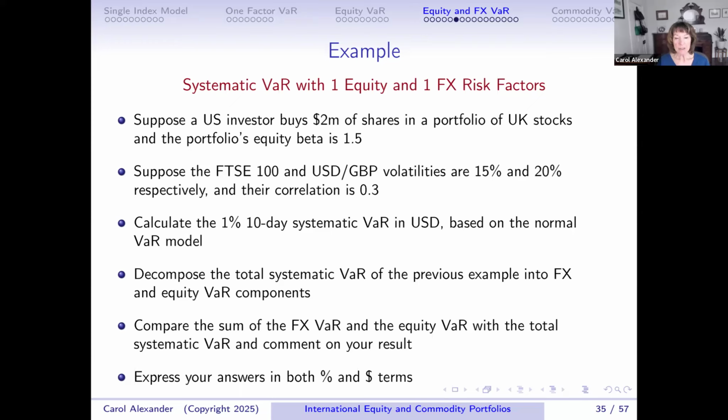And then we want to decompose this into FX and equity components and compare the sum of the FX VaR and the equity VaR with the total systematic VaR and comment on our results and express answers in both percentage and dollar terms.